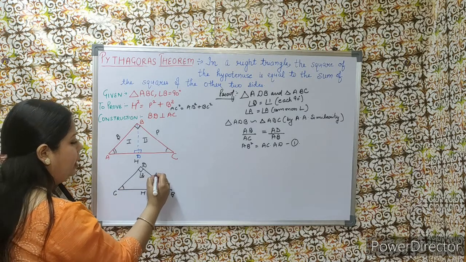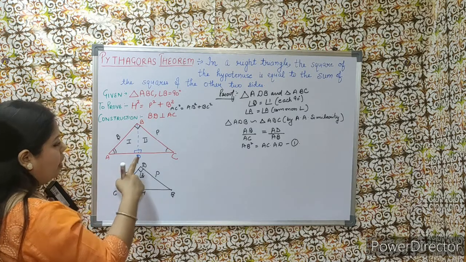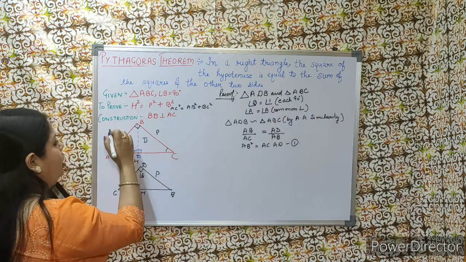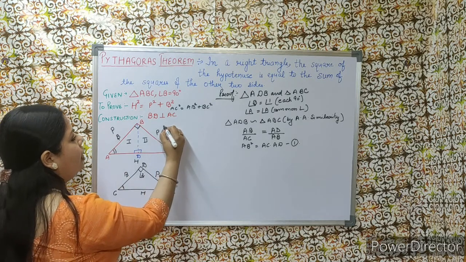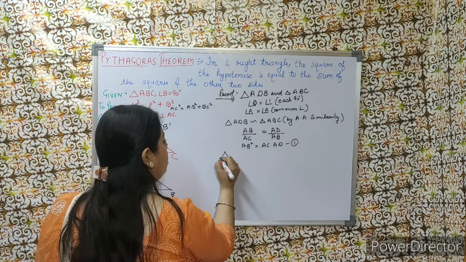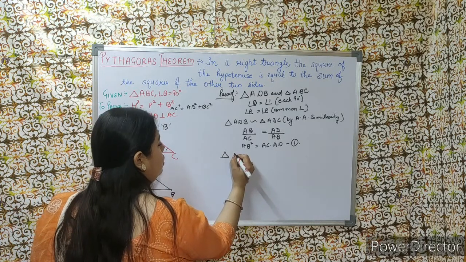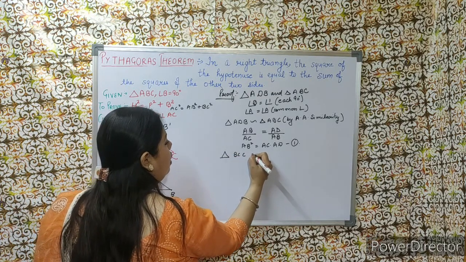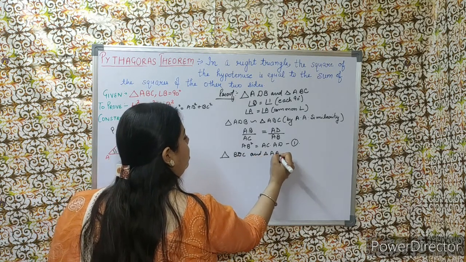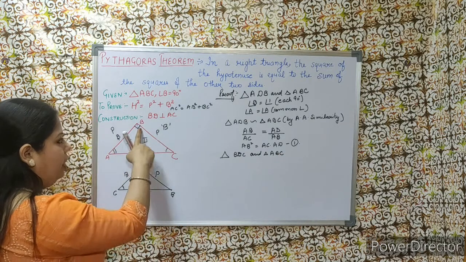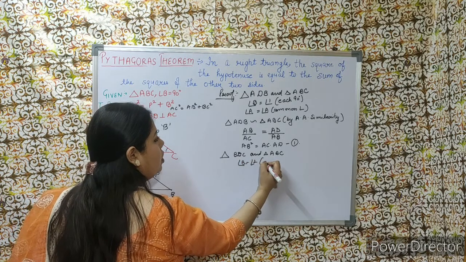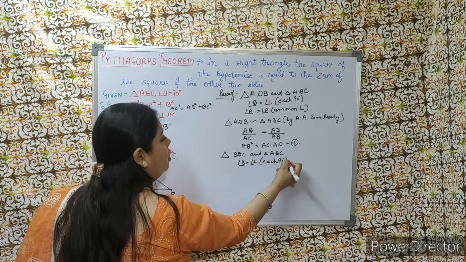So now BD is perpendicular, this is base. And for this bigger triangle, according to C, this is perpendicular and this is the base. I will again write in triangle BDC and triangle ABC: angle B is equal to angle 2, each 90 degrees.